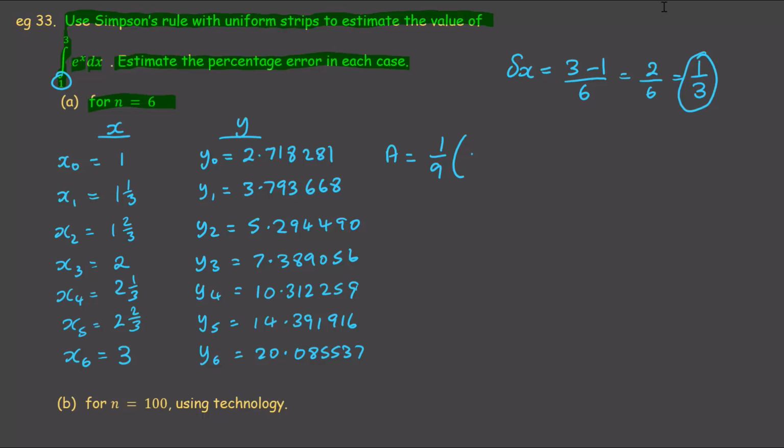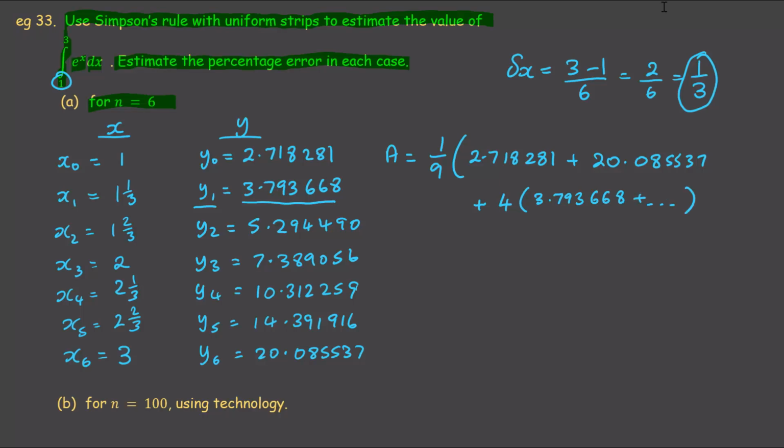The first and last values go in just as ones. Then we have 4 times the odd ones. So the first odd one is y1. So that's 3.793668, and so on.